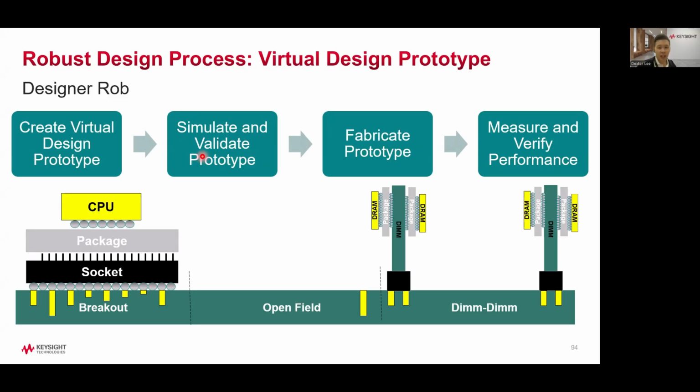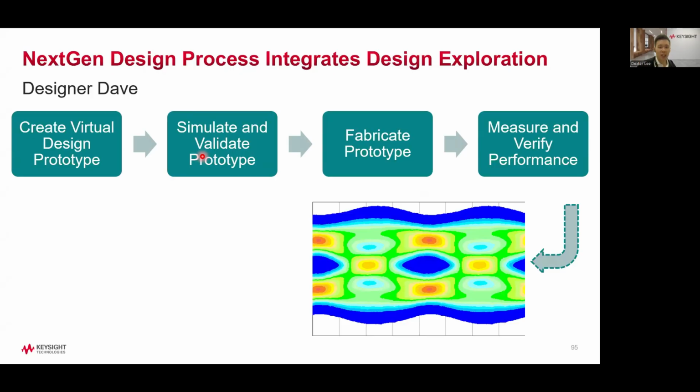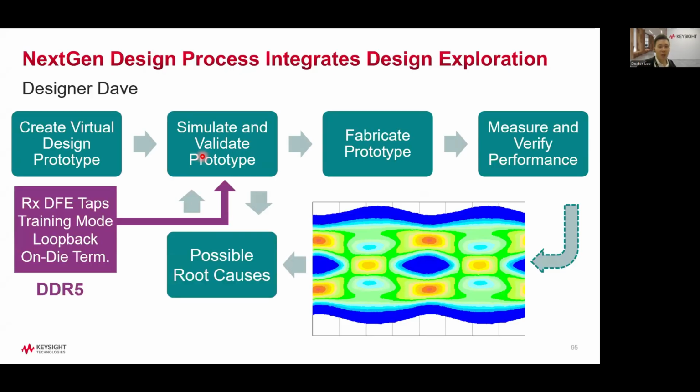I've shared all this earlier on, so I won't go into much detail. Any possible fixes to the root cause, any possible equalization, you can quickly try at the simulation side to see how these fixes can help create or improve your eye diagram over here.